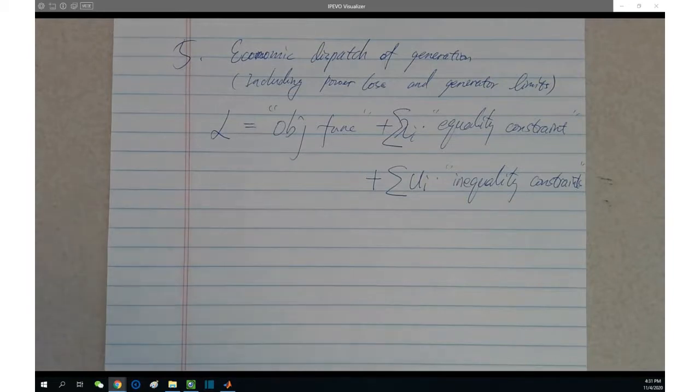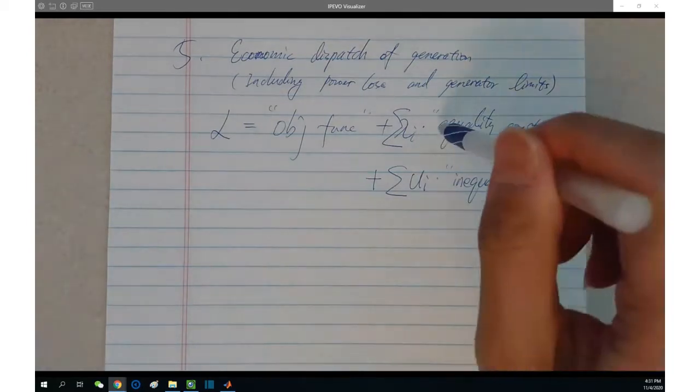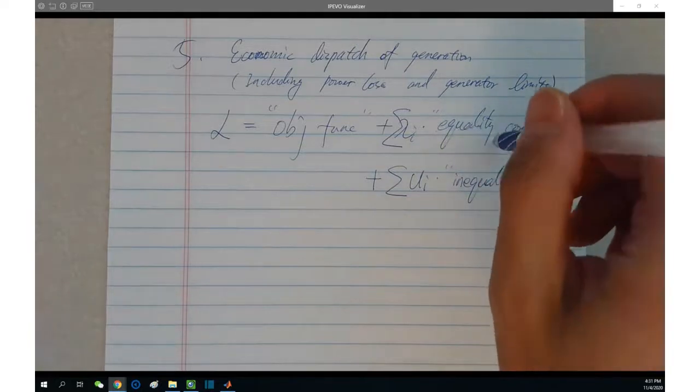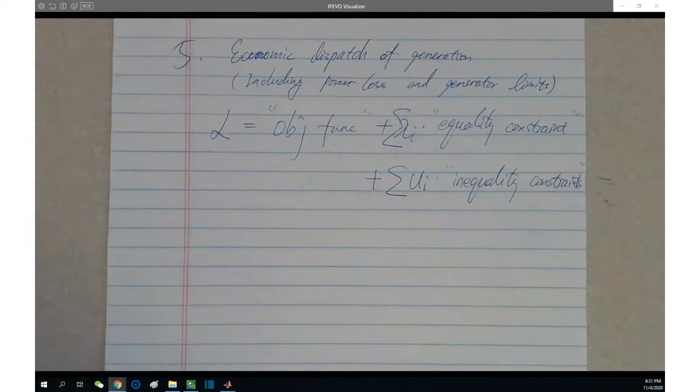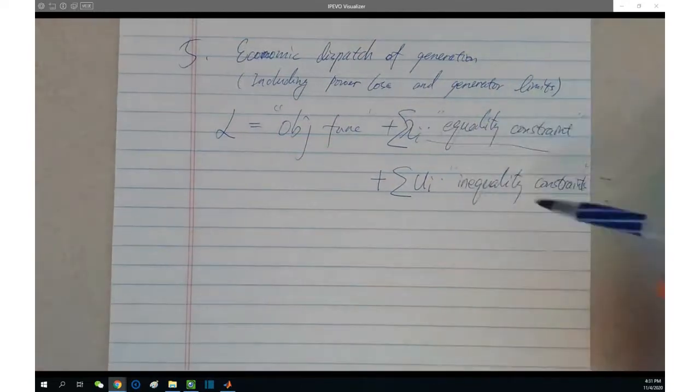Very good, that's the right track. PD is what our equality constraint was previously, right? So translate the idea: the power loss goes here, the generator limits go here.